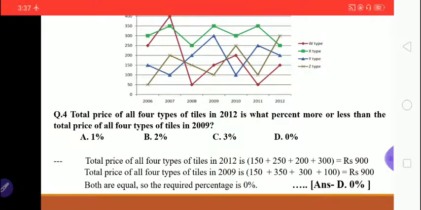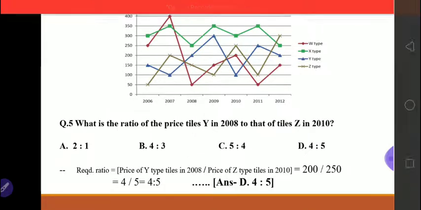So if you take the difference between these two, it will come as 0. Therefore there is no percentage you can calculate, because the difference between these two price summations is 0. Therefore the required percentage will be 0%, and option D is the correct option for this question.